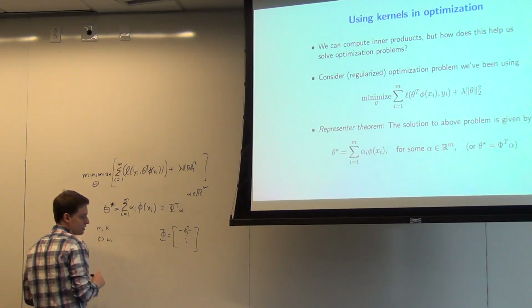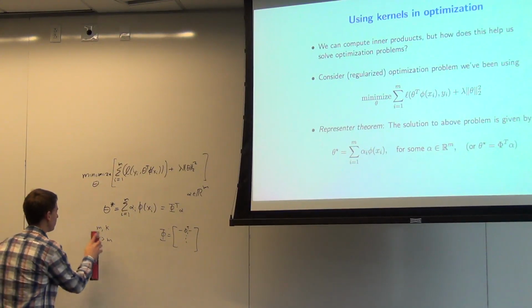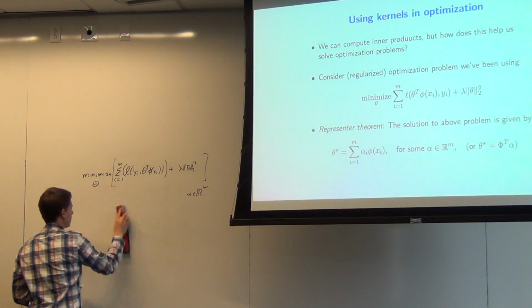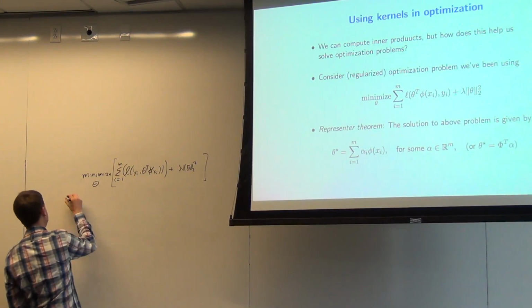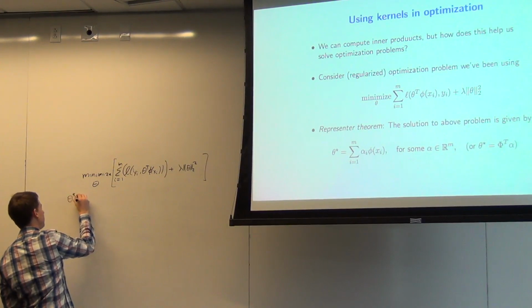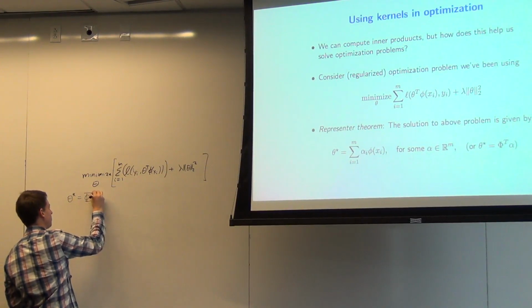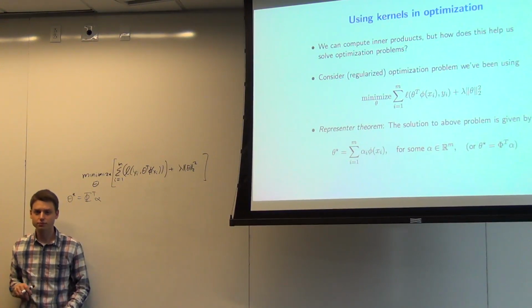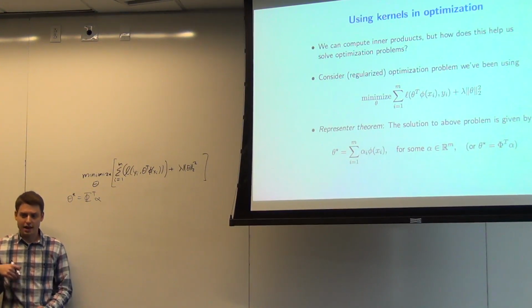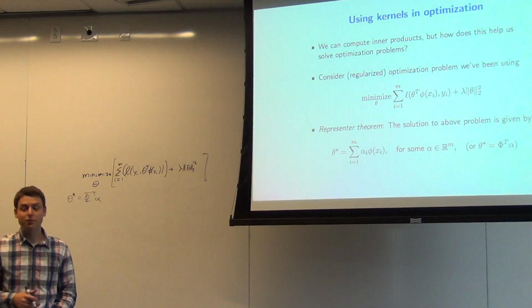So the key statement here is that theta star equals phi transpose times some alphas. That's the key result, and this is what lets us actually use it in optimization.